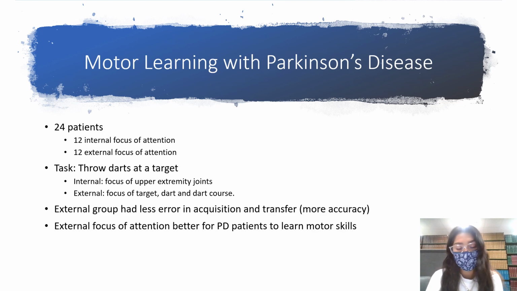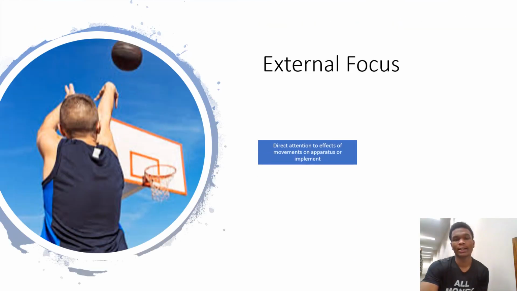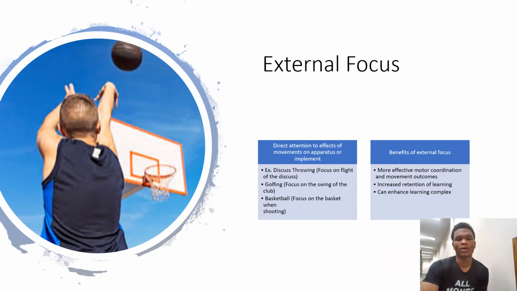In the transfer, they added 1 meter to the length from where they were throwing to the target, and again, the external group just performed better. The main finding of this paper was that external focus of attention is better for Parkinson's disease patients to learn motor skills.